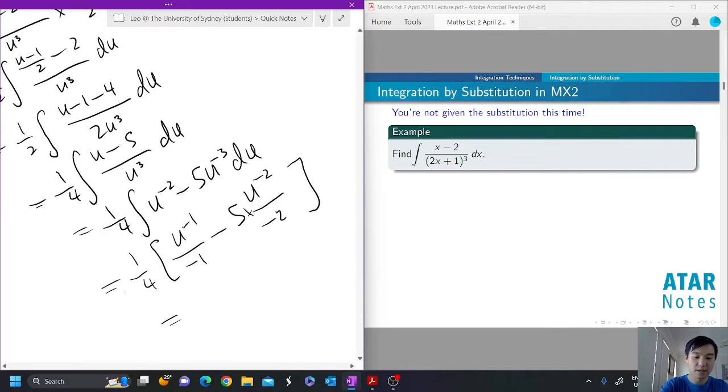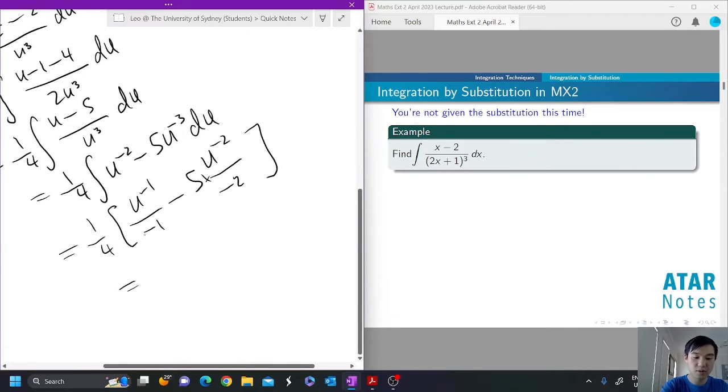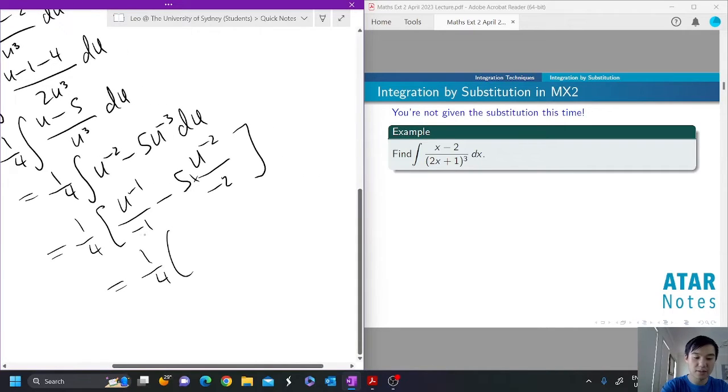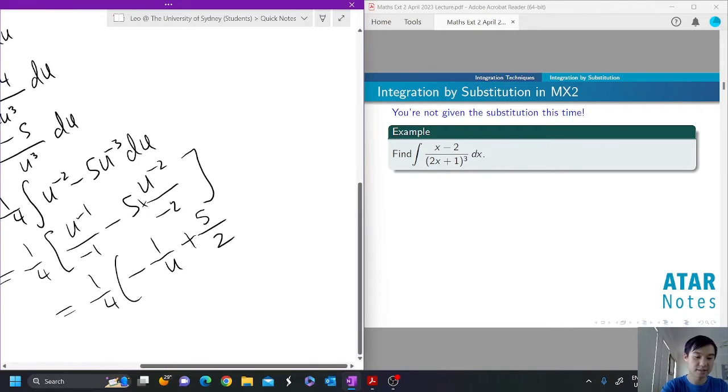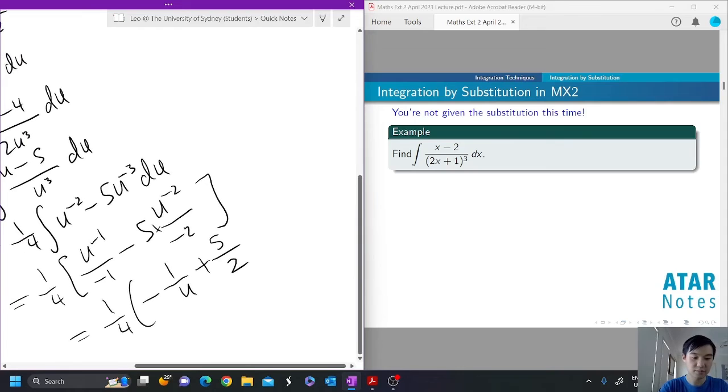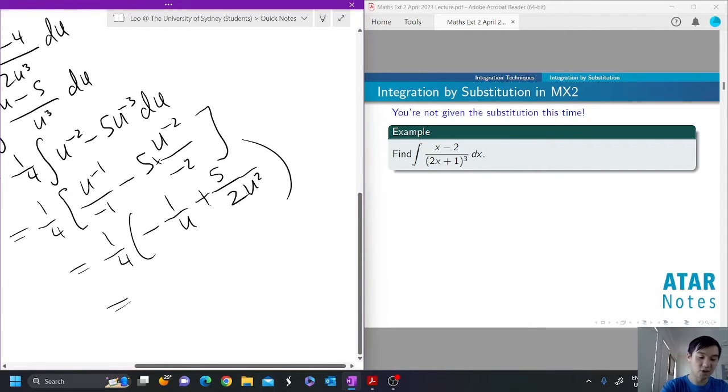So it will become a quarter of negative 1 over u, plus 5 over 2u squared. So our final answer is going to be, wait, it's not our final answer.